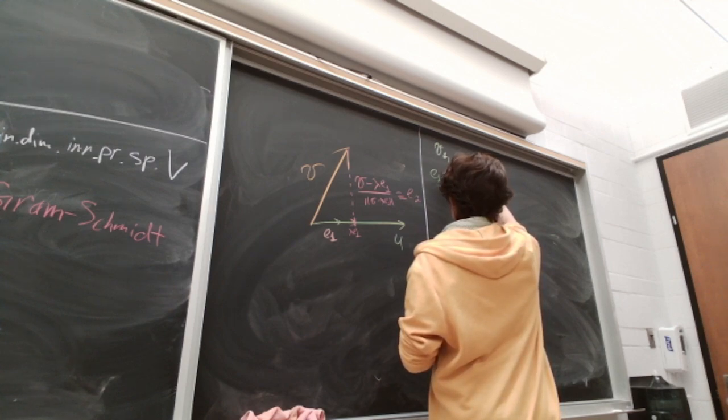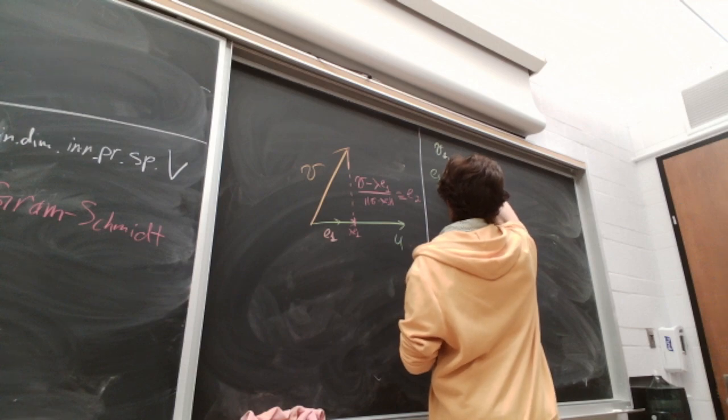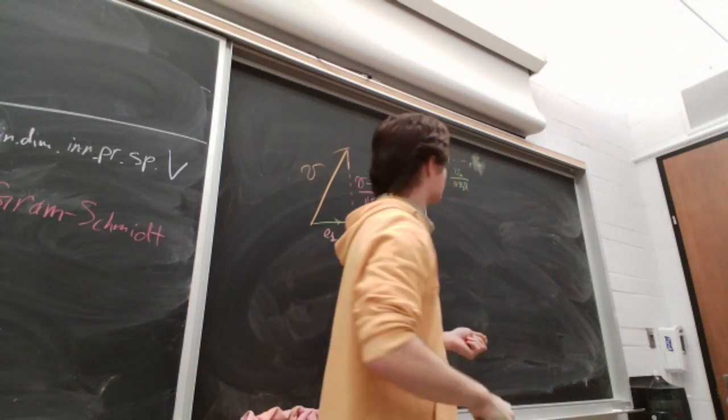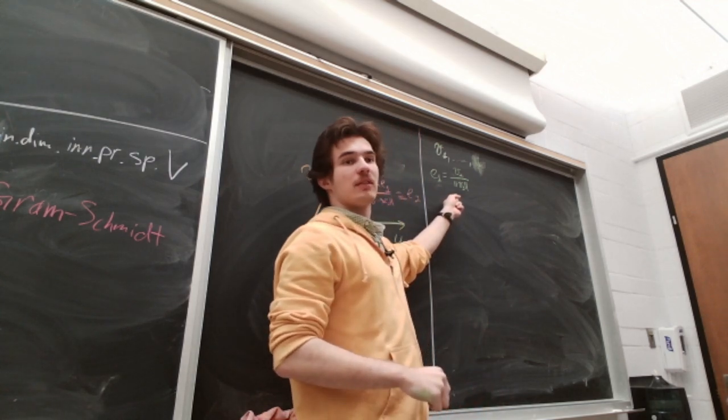I will define E1 to be V1 divided by the norm of V1. You should believe me that this is an orthonormal vector.